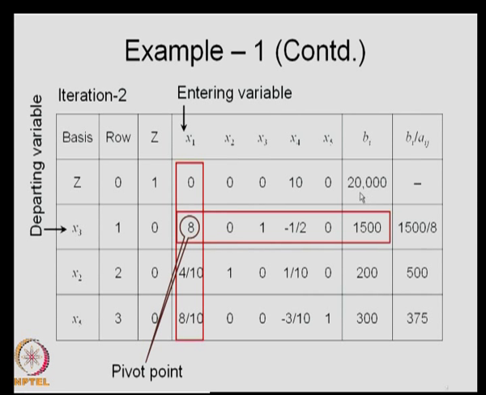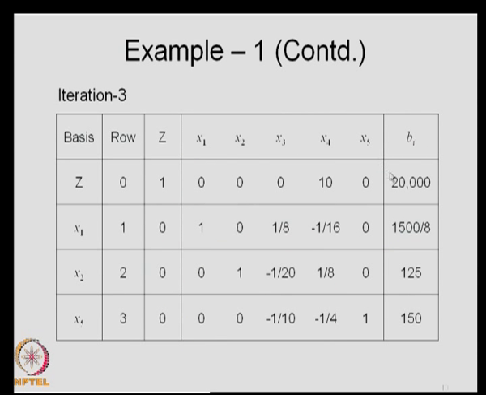Look at this 20,000, and this is your pivotal column and this is your pivotal row. So, if I have to transform this value, what happens? 20,000 minus 0 into 1500 divided by 8, because one of them is 0, this remains the same. So, this becomes 20,000. Like this, you obtain all other values here.